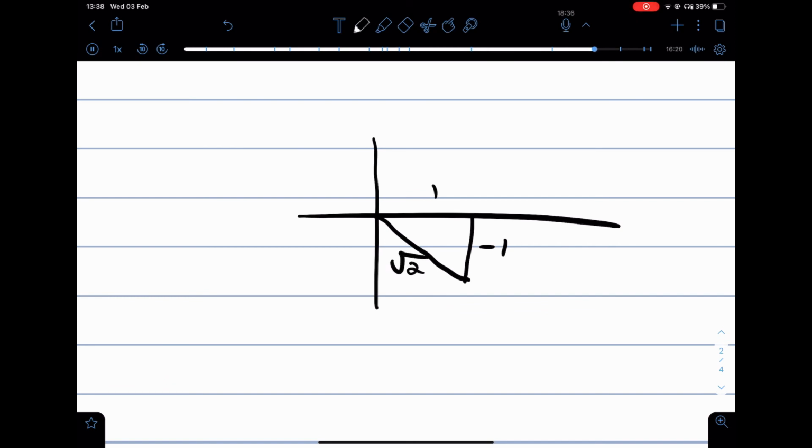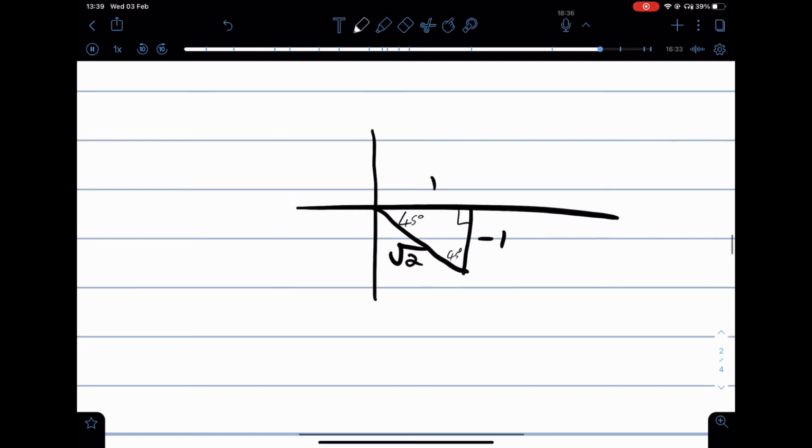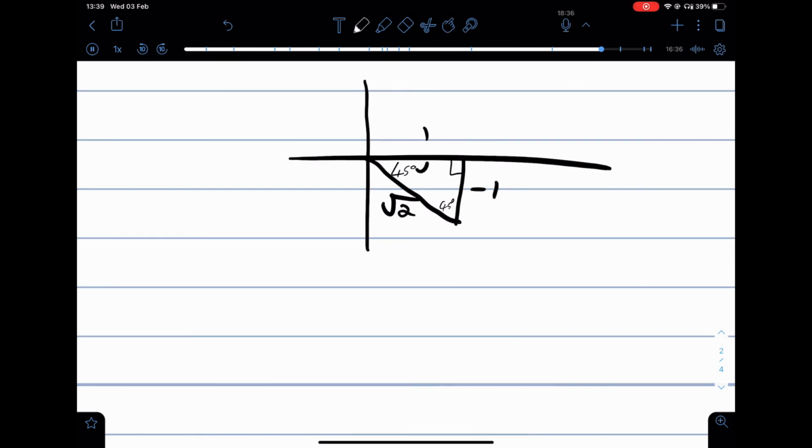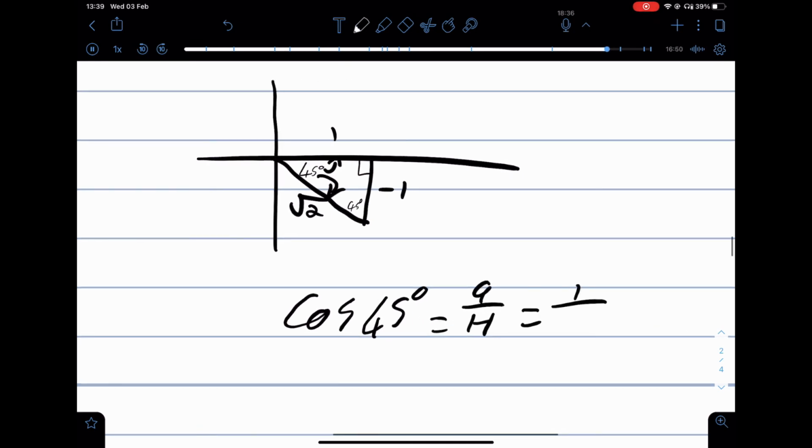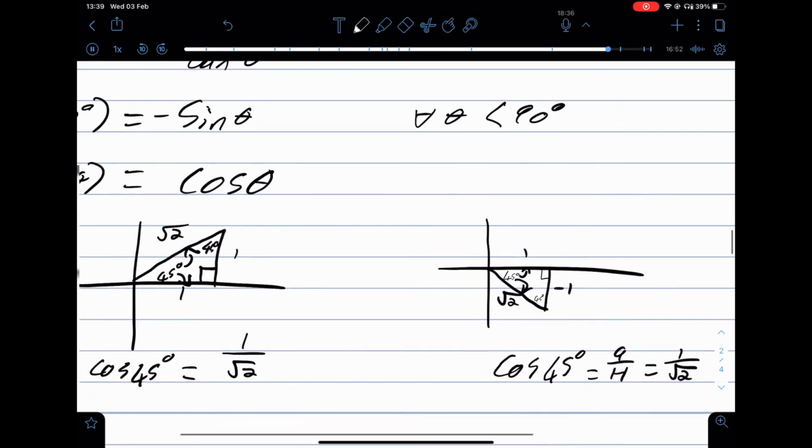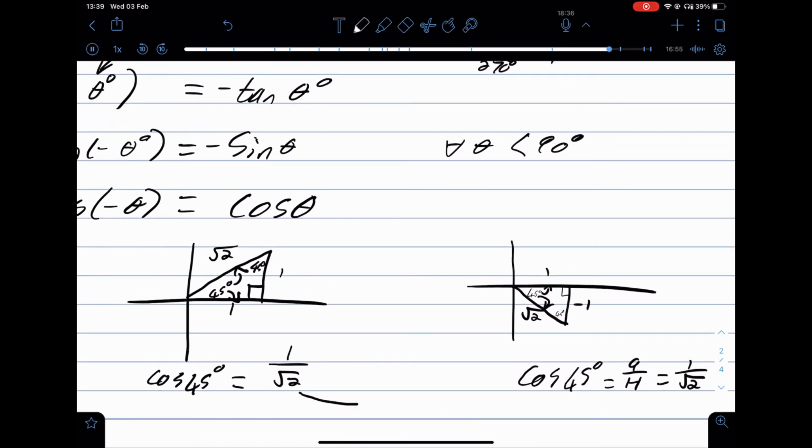This is root 2, 45 degrees, 45 degrees, and a right angle there. So now we can just see that that is the adjacent, that is the hypotenuse. So we write cos 45 degrees, adjacent over hypotenuse, which is 1 over root 2. So you can see that our two results are exactly the same.